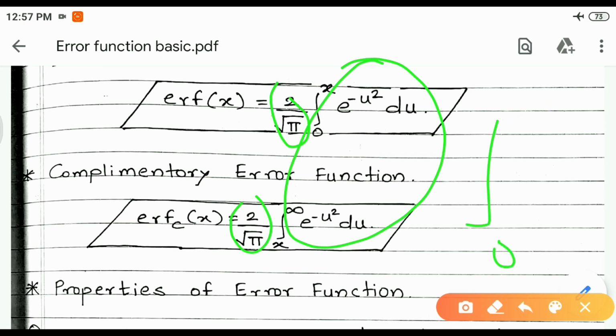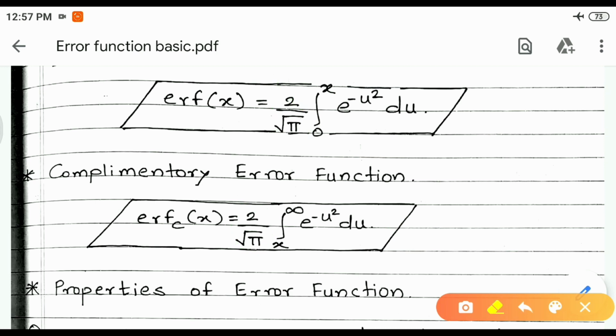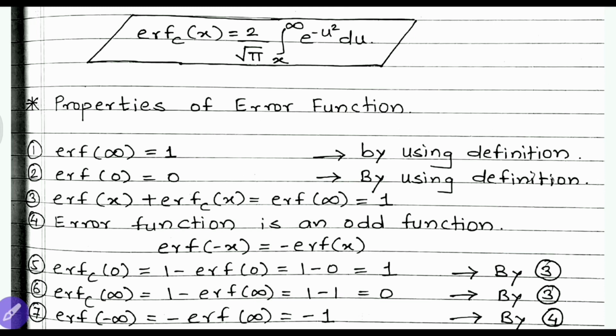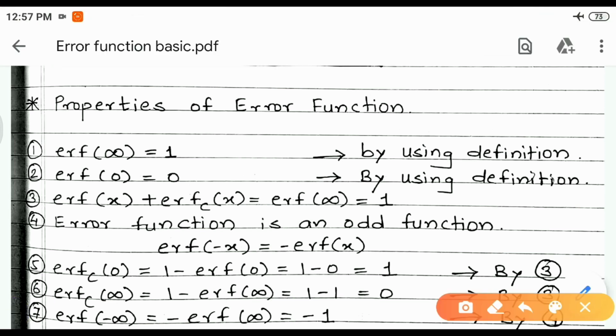That gives you the error function of infinity. So error function of x plus complementary error function of x is equal to error function of infinity, which we already saw in property number 1 is 1. Therefore, error function of x plus complementary error function of x gives you 1. This is a very important property of the error function.